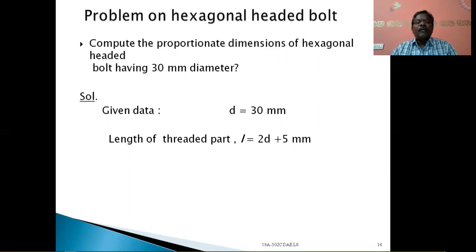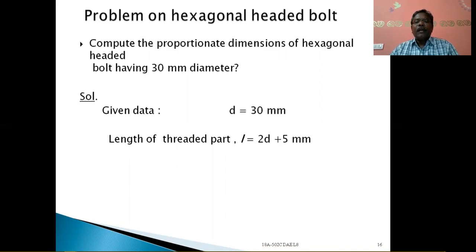Along with this, for the threaded portion, the length of the threaded part can be calculated based on the diameter only. That's why the length of the threaded part L is equal to 2d plus 5 up to 80 nominal diameter, and from 80 to 200 nominal diameter, it will be 2d plus 10, as in the previous discussion.